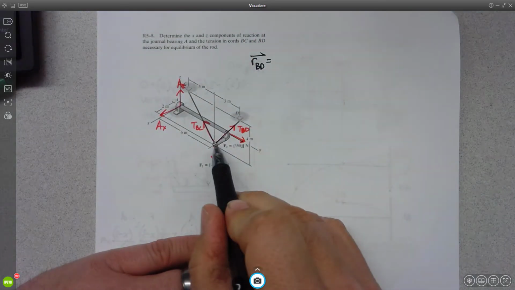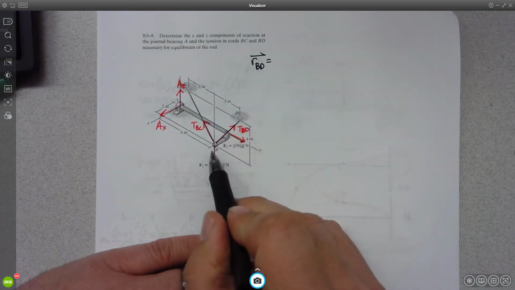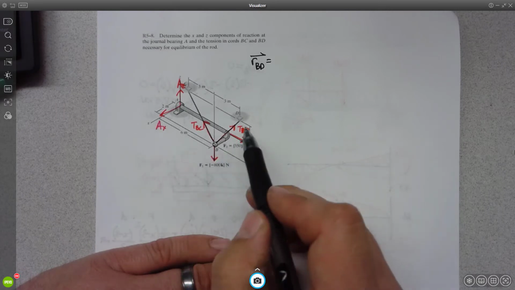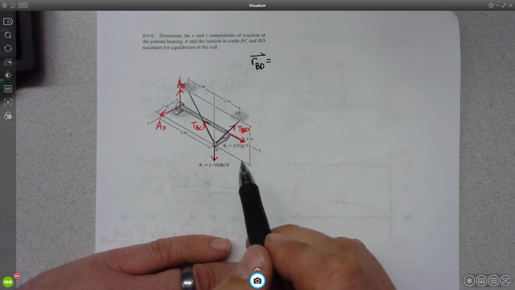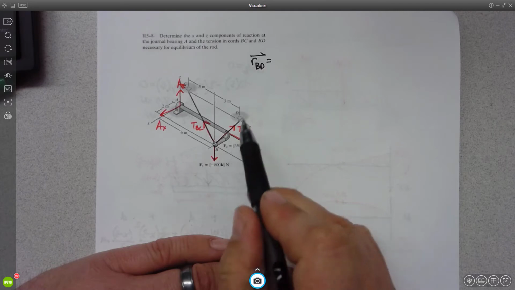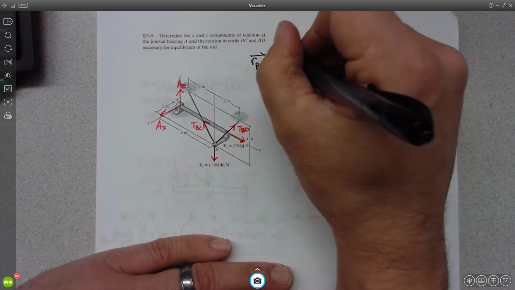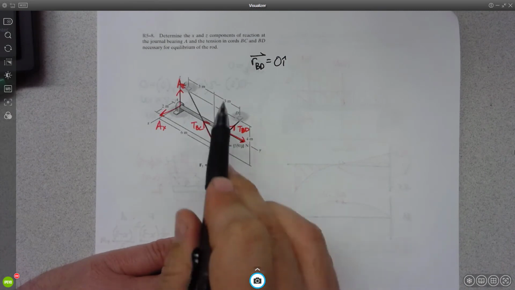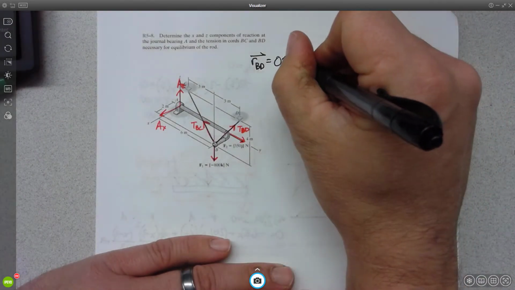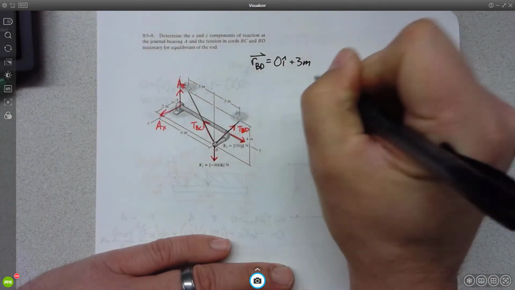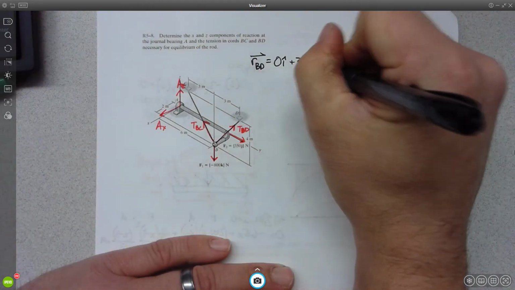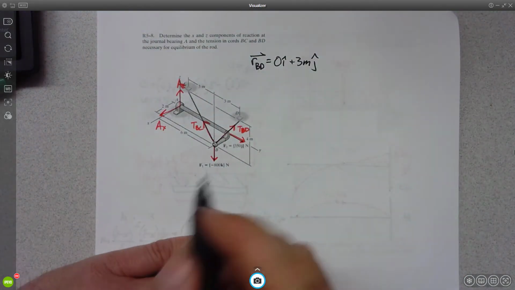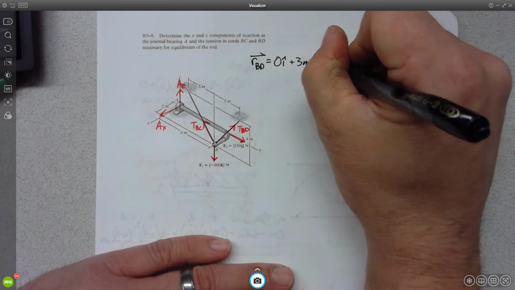So I'm starting right here, and to get to D, it looks like in the X direction, kind of hard to tell, but it looks like you don't move in the X. In the Y direction, it looks like I move 3 meters. And in the Z direction, I move 4 meters.